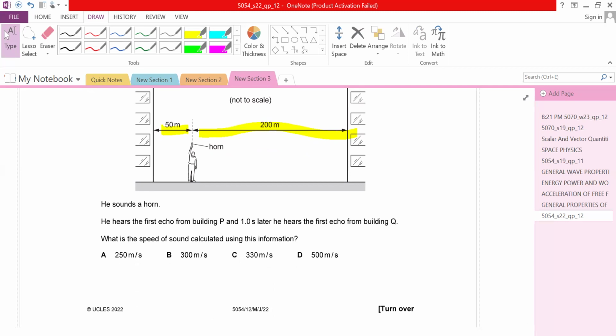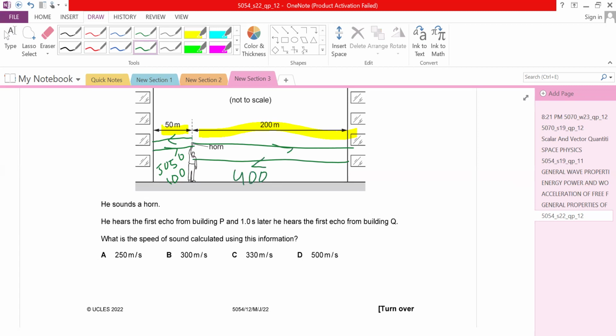Firstly, the echo moves from here and then comes back. First it goes 50 meters, then comes back, so 50 plus 50 equals 100 in total. Then the echo goes 200 and comes back 200, 200 plus 200, which is in total 400.